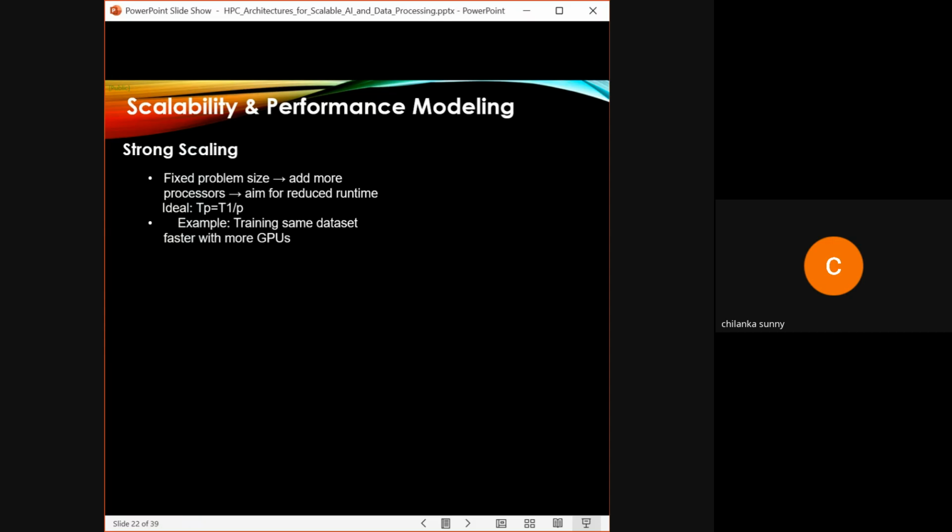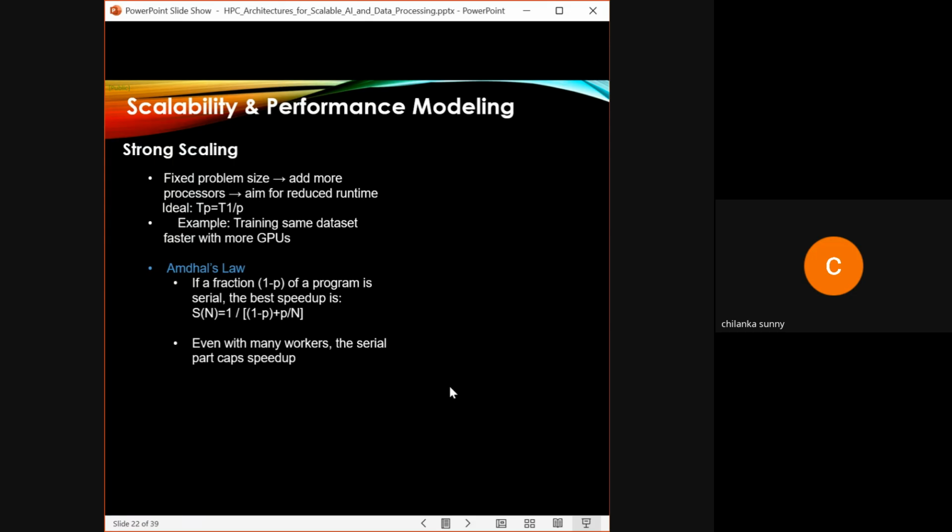But the issue here is that Amdahl's law shows that even a small sequential part can limit the maximum speedup. Let's say we have N processing units added, and the fraction of the program that is parallelized is P. Then the maximum speedup we can achieve is 1 by (1 minus P plus P by N), because it is the serial part that limits the maximum speedup achievable.